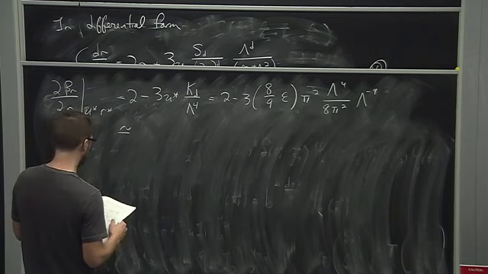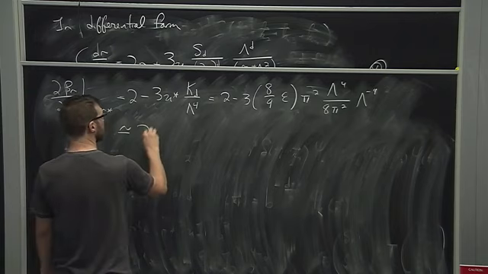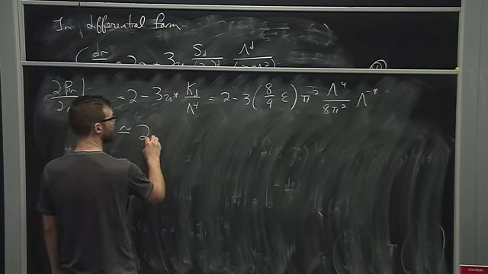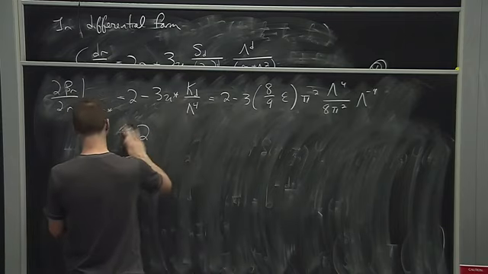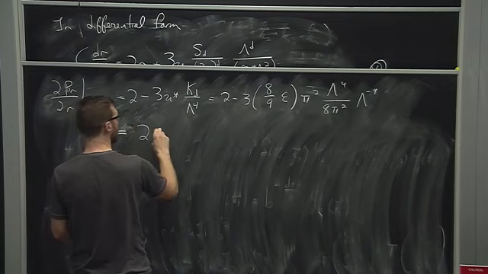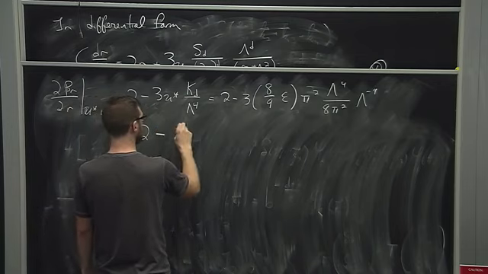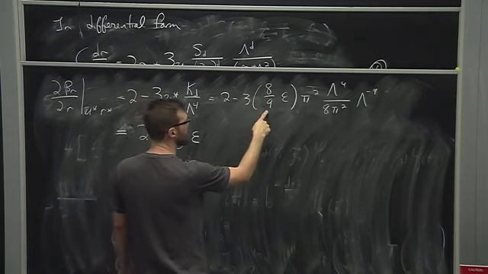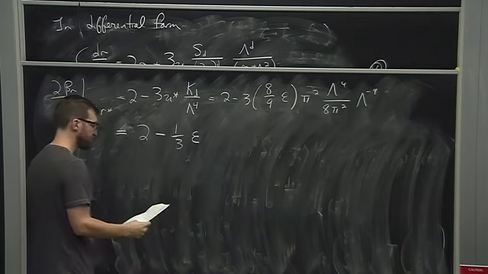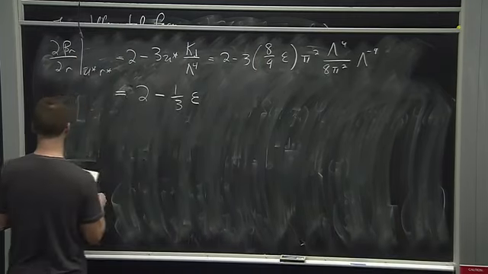All right, so convince yourself that this is something like 2. Oh yeah, so let's cancel. So this is actually just 2 minus, I think it's a third epsilon.